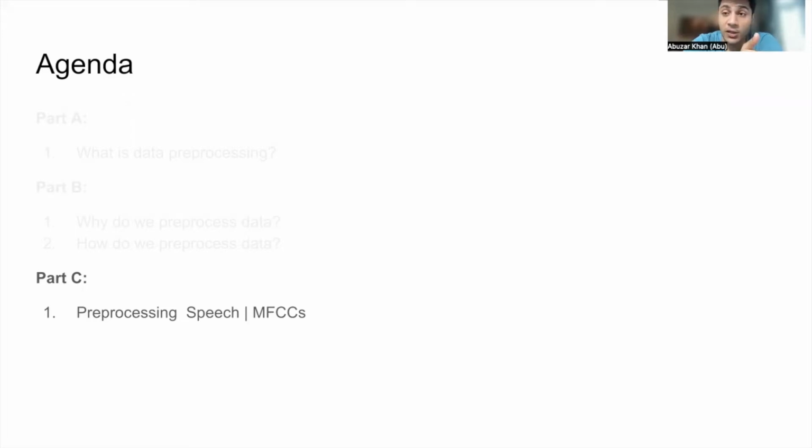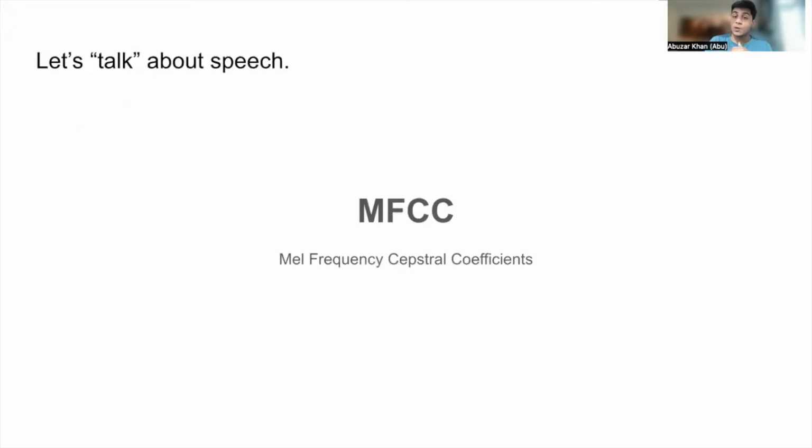And this is part C, where we will talk about speech and what to do with the signals before we can feed it into a machine learning model. So what we'll be talking about is MFCCs in specific, which stands for Mel Frequency Cepstral Coefficients. Now, this is a real mouthful, so we will break it down eventually.